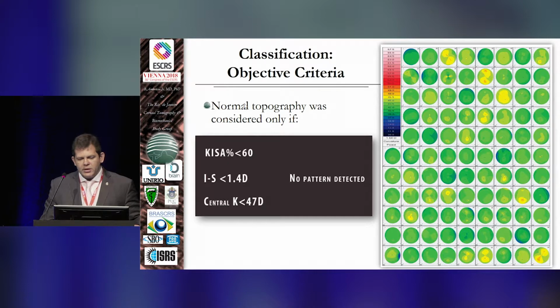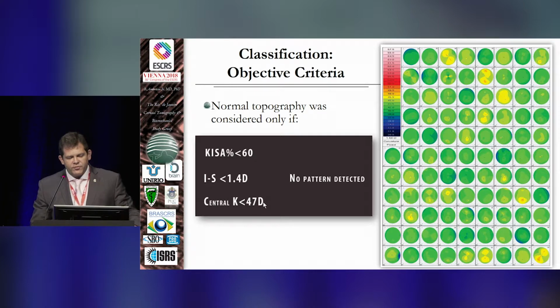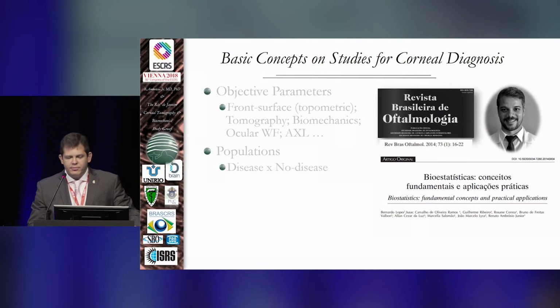And we included, in objectively classifying those cases, normal topography, KISA less than 60, IS less than 1.4, central K less than 47, and no TKC detection of keratoconus. And those cases will be very important for us to enhance our ability to detect ectasia before the problem occurs on the surface.